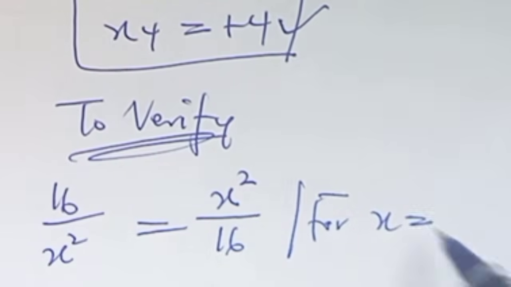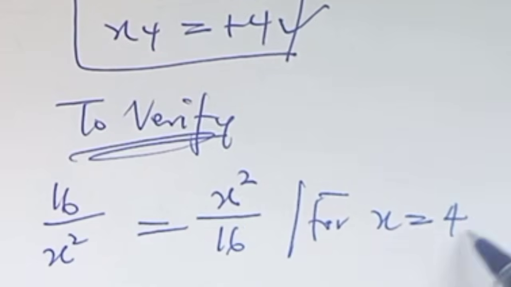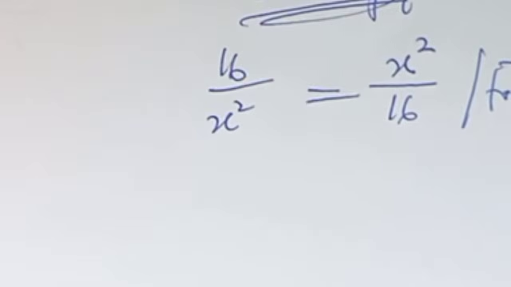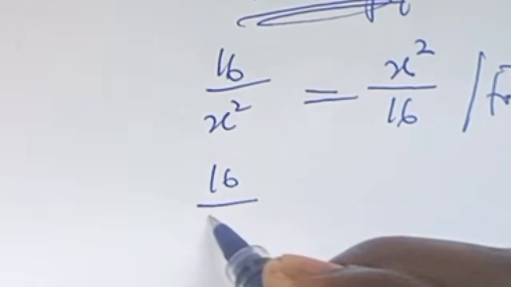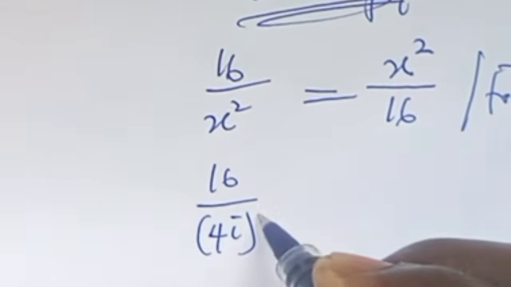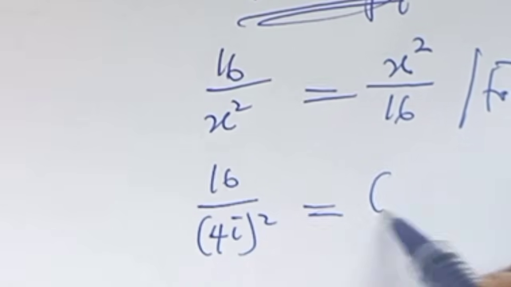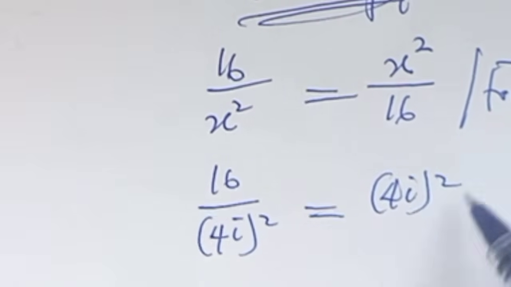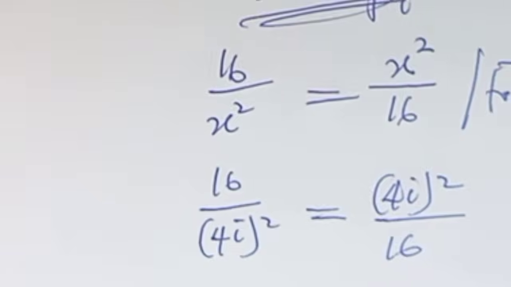So for x equals 4i, we have 16 over 4i to the power of 2 is equal to 4i to the power of 2 over 16.